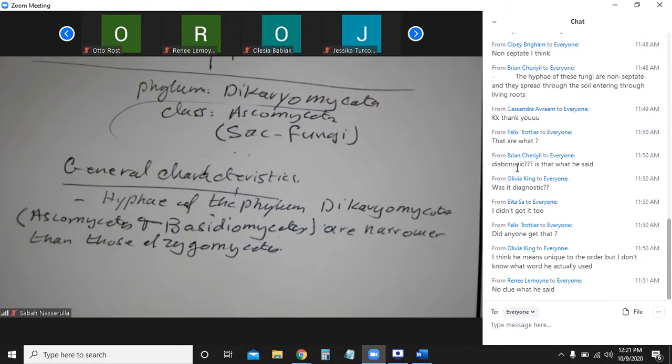Basically, sometimes when these hyphae aggregate, they can form very long hyphae. It could reach sometimes several kilometers.